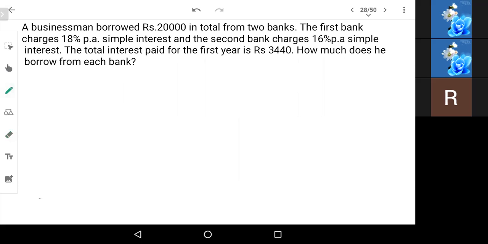So understand the question. A businessman is borrowing 20,000 rupees. He's taking a loan of 20,000 rupees from two banks. First bank, second bank.